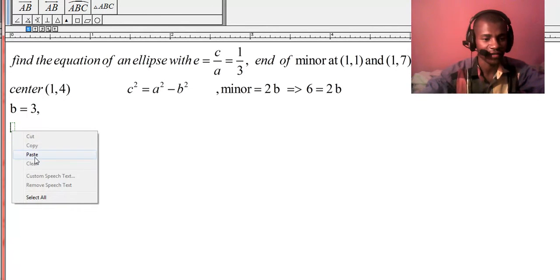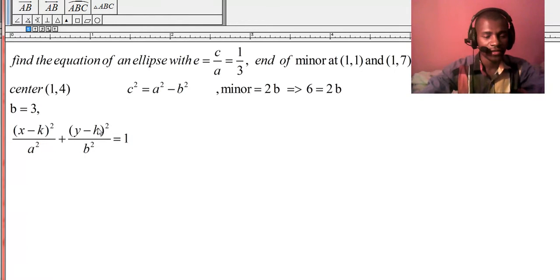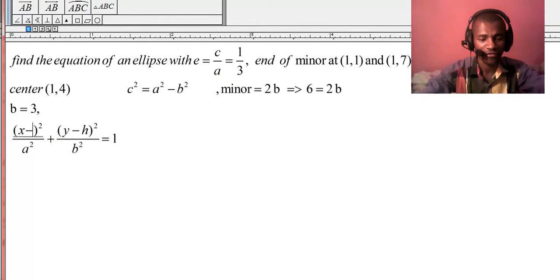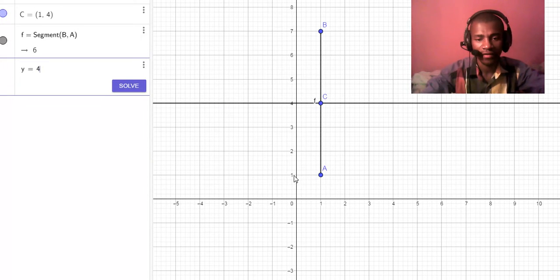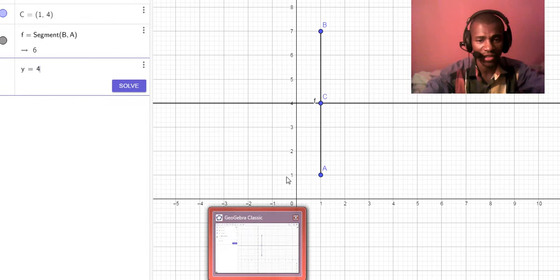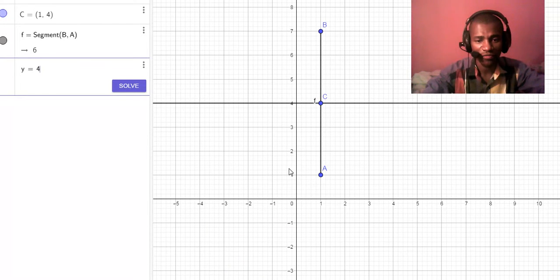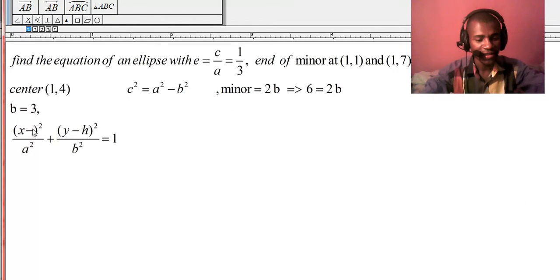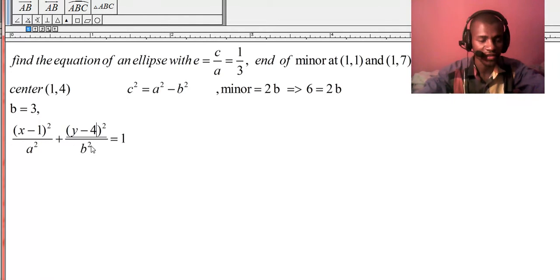So this is the formula we are trying to find out. Now we know how many units we've moved from the origin in the x-axis. So it's 1 unit, and we put that 1 unit here. And how many units did we move from the origin in the y-axis? That's 4 units, so here we put 4.